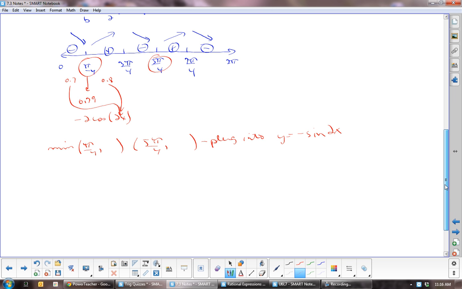So if you just put pi over 4 into the original, what do you get? You should get -1. Okay. And 5 pi over 4, since this is periodic, you should get -1 as well.